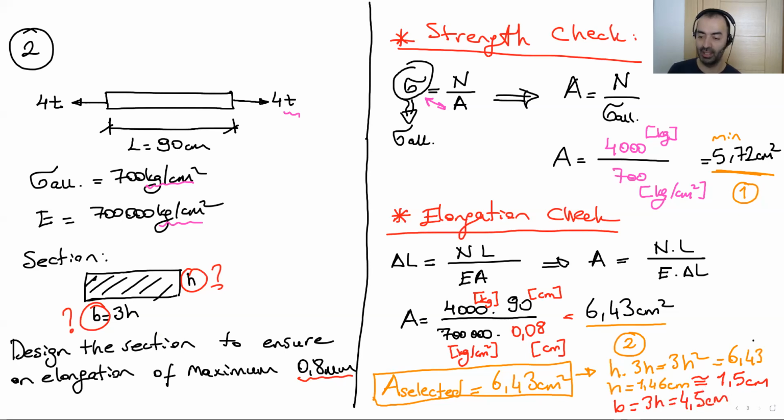If I use these dimensions under this loading, my stress will be less than allowable stress. Then I'm gonna limit the elongation with 0.8 millimeter. Okay, it's gonna be less than 0.8 millimeter. Yeah. Okay. Any question? Yeah.